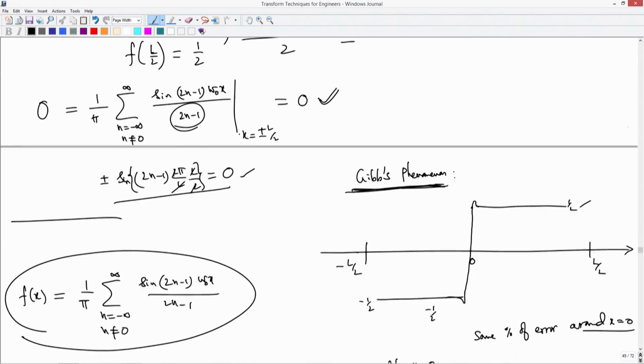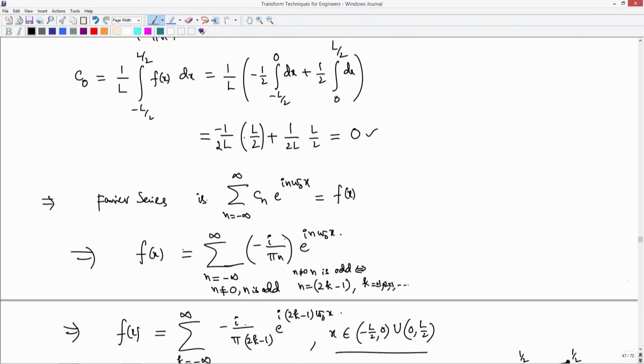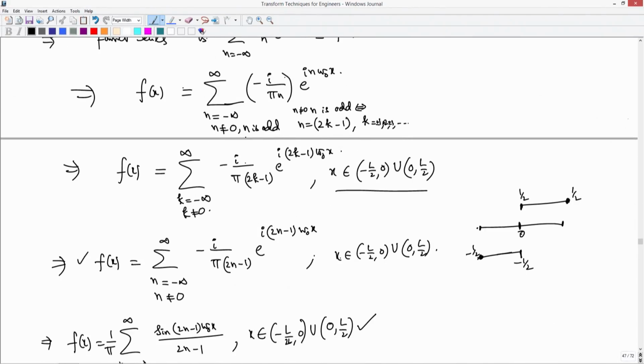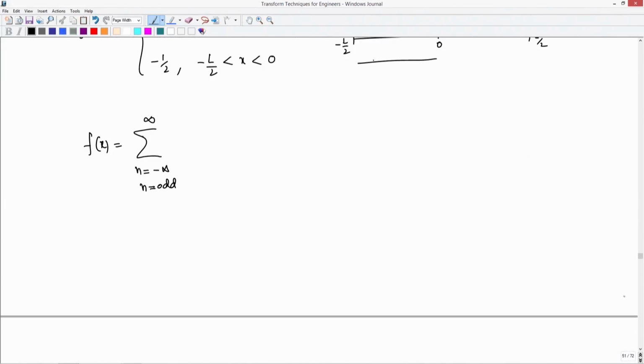We will pick up from exactly that form, which is the form we are interested in: Cn is minus I by pi n, multiplying e power I n omega naught x. So, this is the Fourier series that is valid for x belonging to minus L by 2 to 0 union 0 to L by 2.